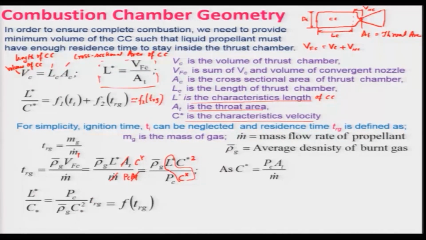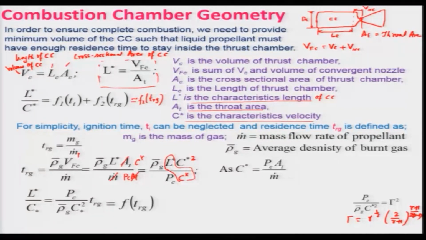We know that L star by C star is nothing but a function of T R G. If you look at P C rho G average C star square, you can find that this is nothing but your gamma. Capital gamma is gamma to the half, into 2 by gamma plus 1, raised to gamma plus 1 divided by 2 gamma minus 1.